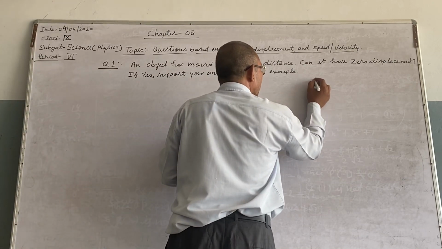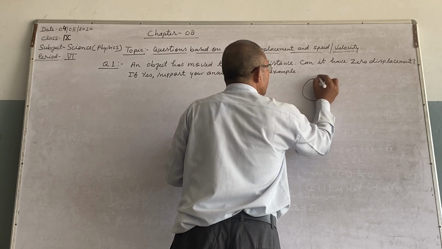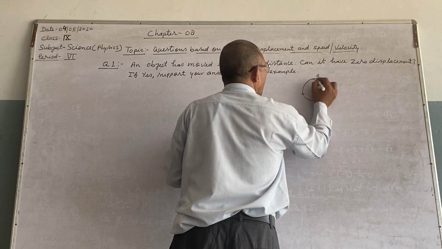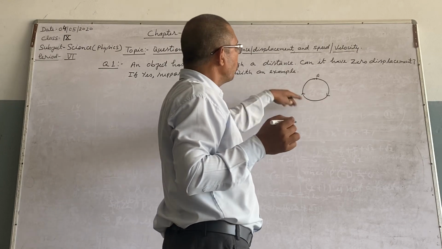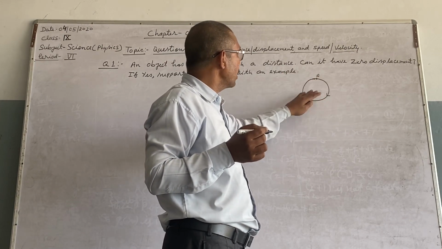So in this case its displacement will be zero, but distance is equal to 2 pi r, that is equal to the circumference of the circle.